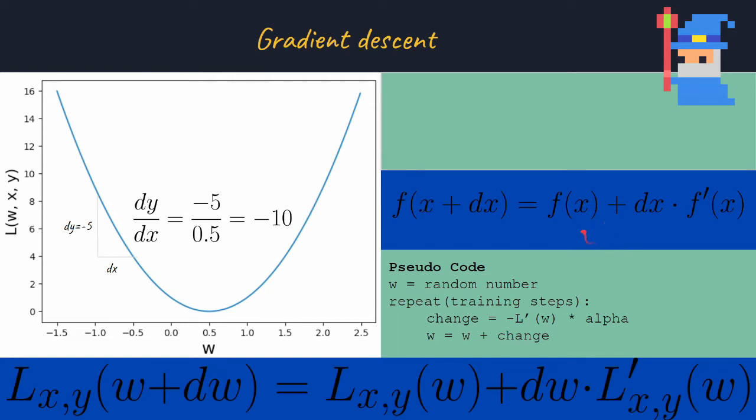So what you could do now is say, well, if the derivative of the loss is positive, then we would have a dy that is a negative number, and that means we would have dw being a positive number, and that would totally work.